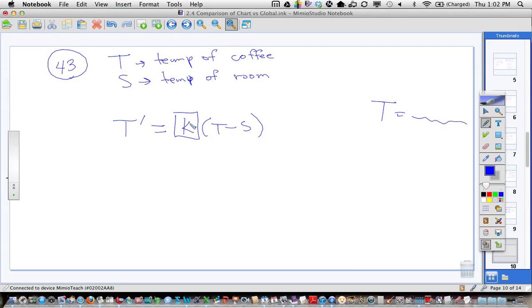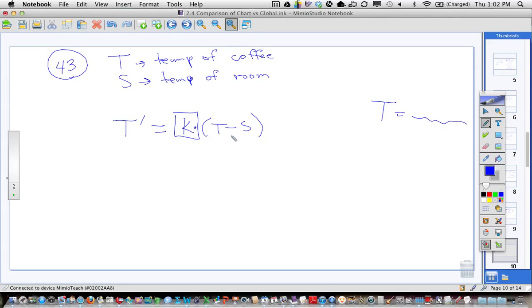Well, you sound like you're guessing. Why negative? Okay, T prime would be what? No. T prime is not increasing or decreasing. T is decreasing, right?